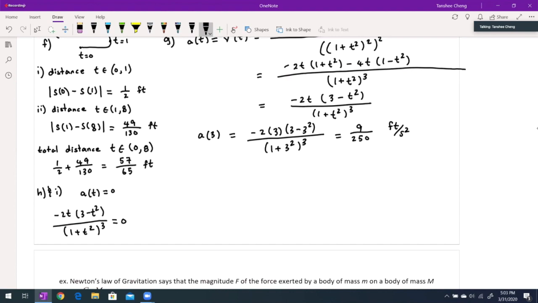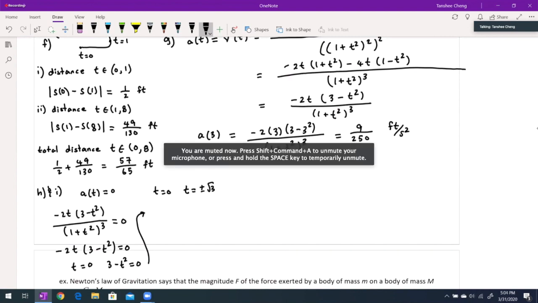So t is equal to 0, and 3 minus t squared equals 0, so t is equal to plus or minus square root of 3.